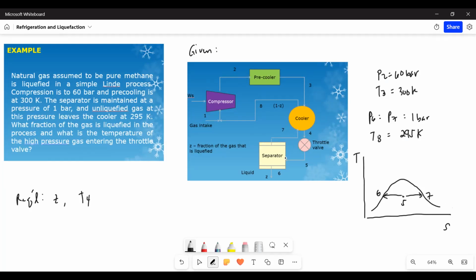So this is stream 7, this is stream 6, the liquefied portion.